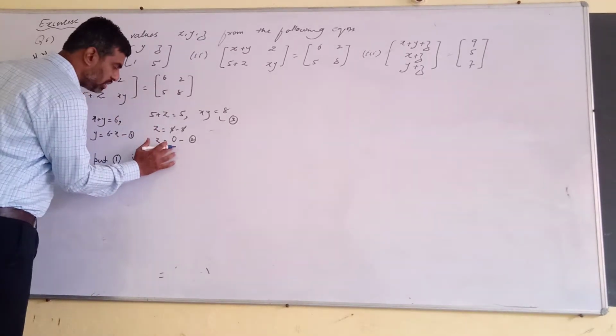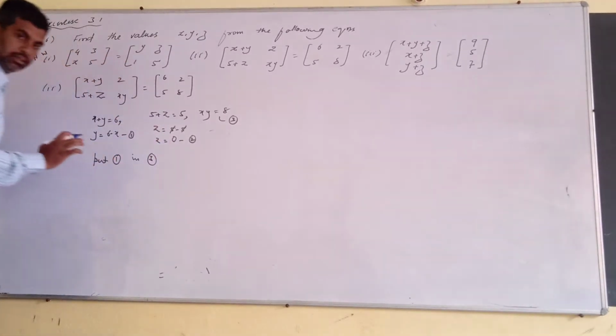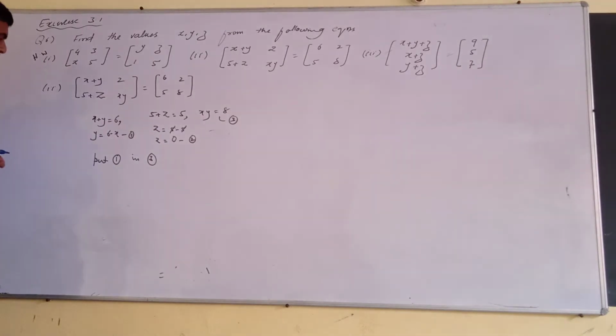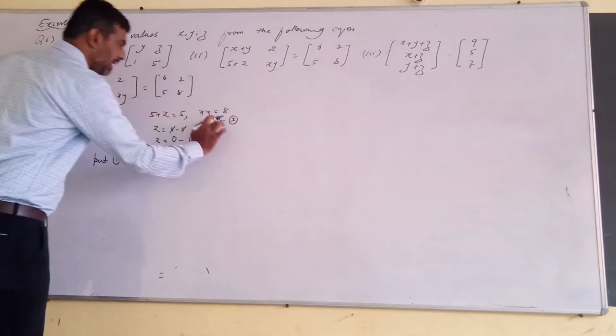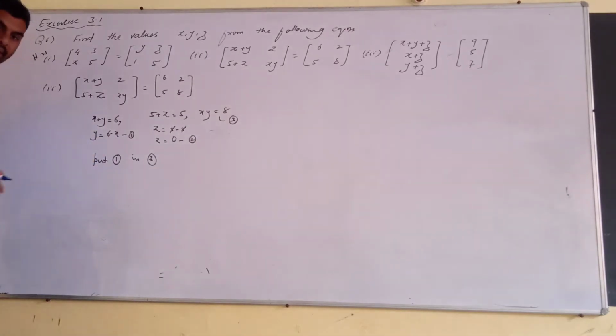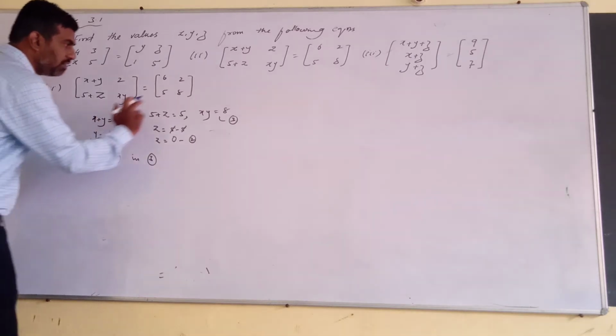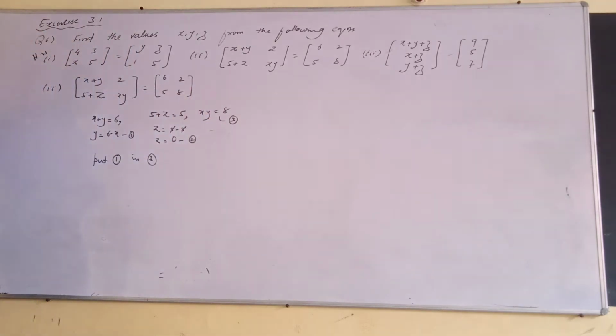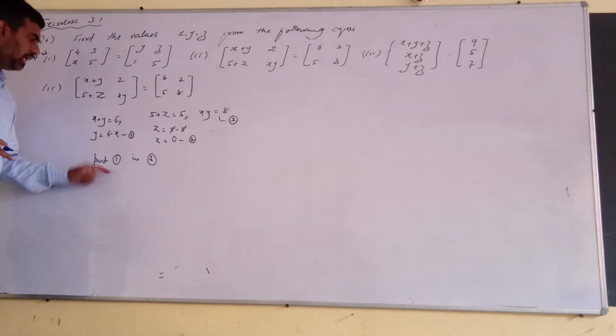Because equation 2 already gave the value of z, no need to disturb it. Now using equation 1 and 3, we have to find the value of x and y. We got the z value. Now we need x and y. To get the values of x and y, we put the y value in equation 3.